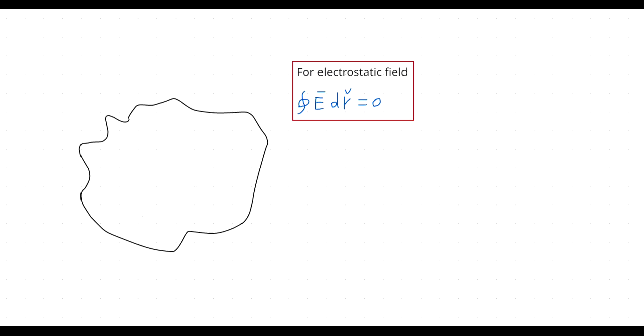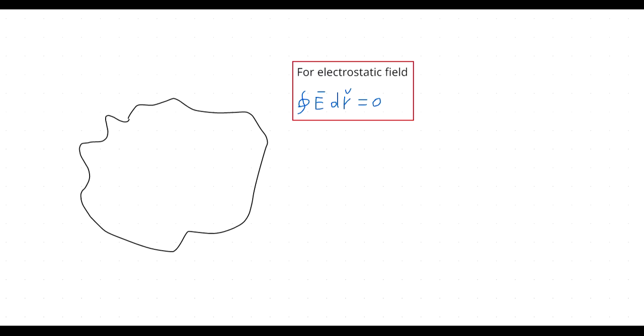Again, imagine that we have some free charges inside electric conductors. They will produce electrostatic field, and this electrostatic field will make free charges move, and as a result of this moving, these free charges will be on the surface of the conductor.